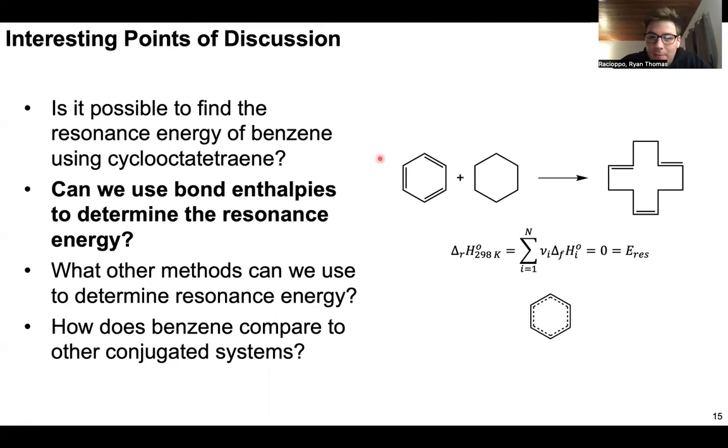But I think that if perhaps we could do this half-resonated bonds type thing and find a literature value for that, we might be able to apply it. But as far as I know, there aren't any literature values for a double bond in resonance.